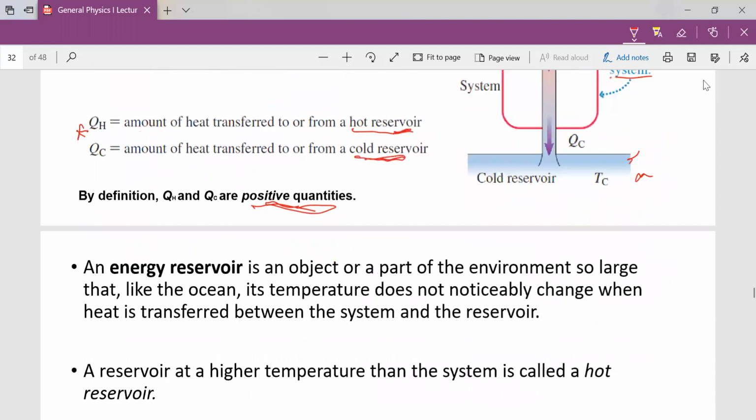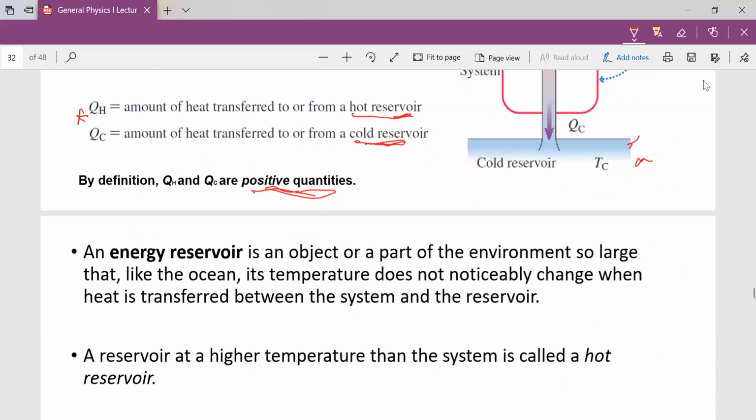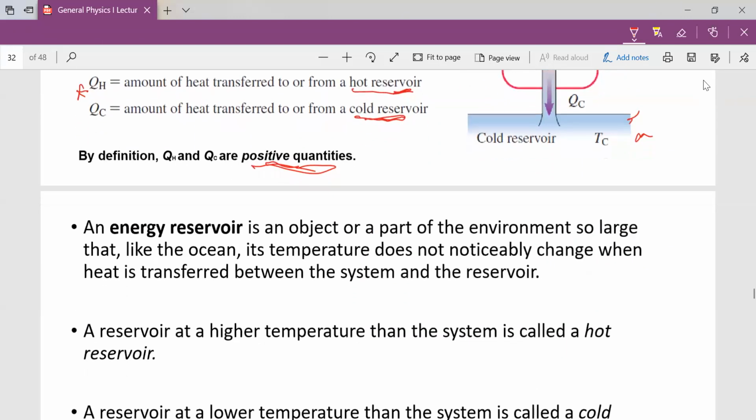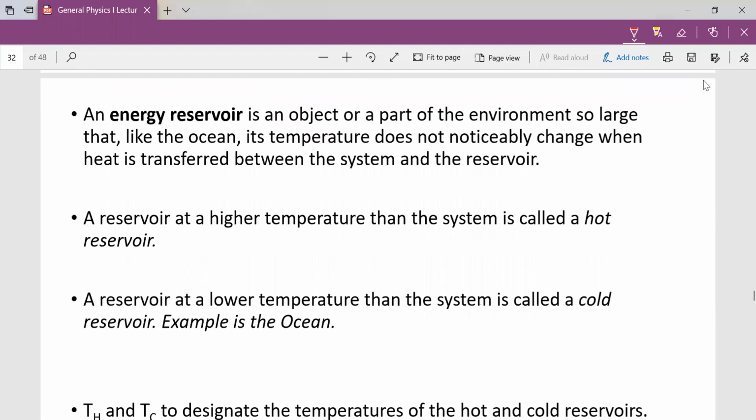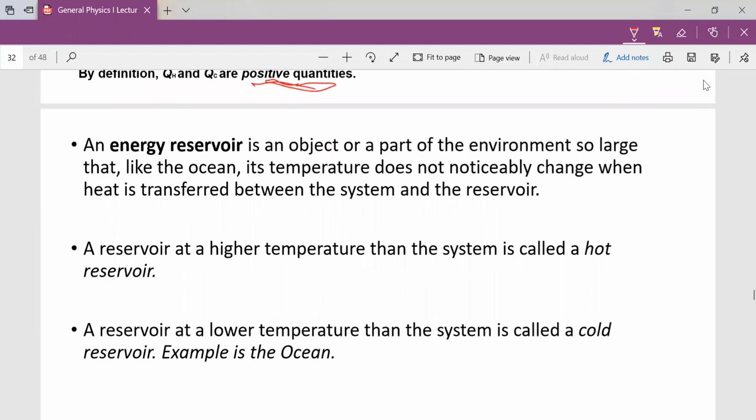Now, this heat flow process can actually be manipulated, which we will look at shortly in the next 2 slides. Okay. So if you have an energy reservoir, when we use the word energy reservoir, we're talking about either the hot or cold reservoir, their energy reservoir.